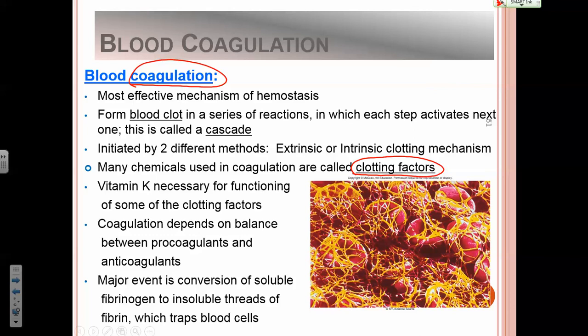You also need, in order for blood clotting to occur, vitamin K because it acts as a cofactor for some of these enzymes. I'll come back to these last two bullets in just a minute.